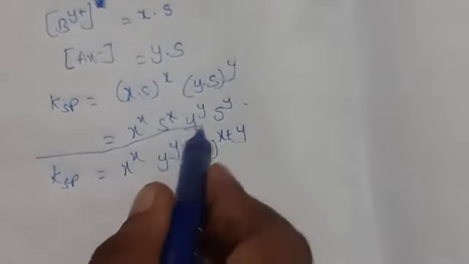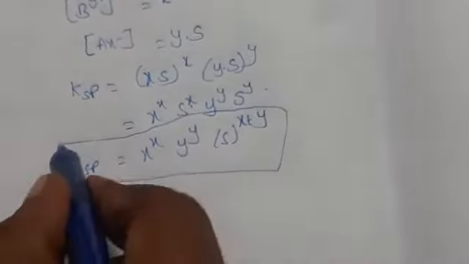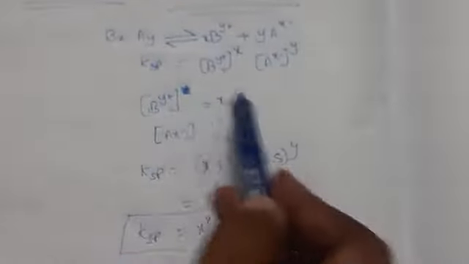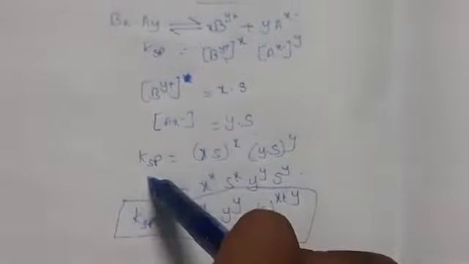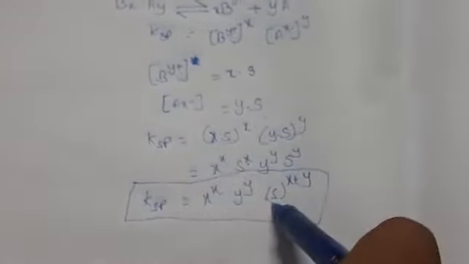Here we dissolve this one in x moles, and this one in y moles. So when you substitute this in the solubility product, you are going to get this relation. Okay. So now let us see the examples. Let me explain examples here.